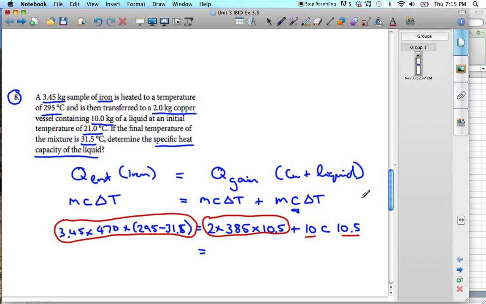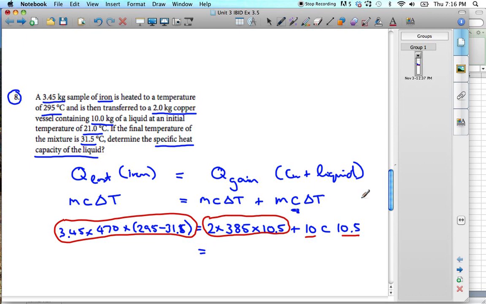So we're going to get 3.45 times 470 times, open brackets, 295 minus 31.5, close brackets, and I'm going to close brackets again, and then I'm going to subtract from that, open brackets, 2 times 385 times 10.5, close brackets, and I get 419,180.